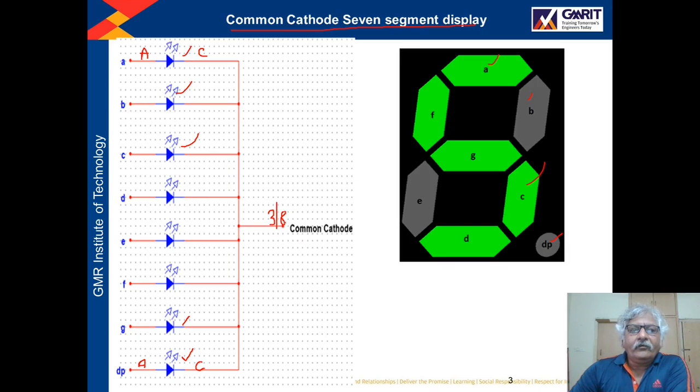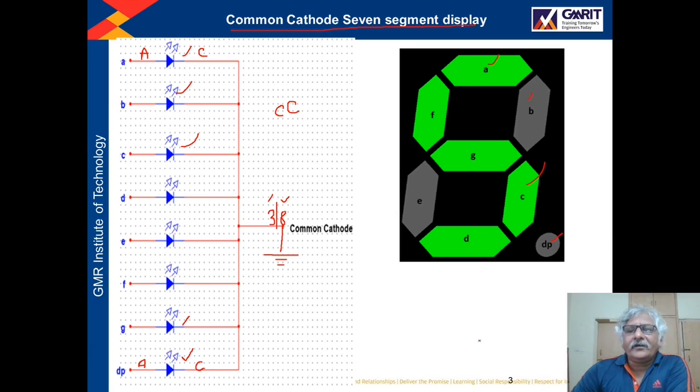Since all the cathode terminals are joined to the common pin, this is a common cathode type LED. So we have to connect pin number 3 or pin number 8 to ground.